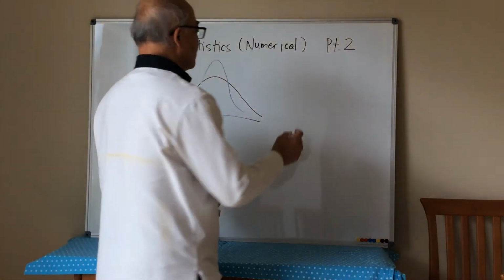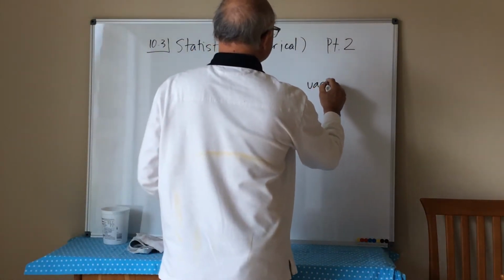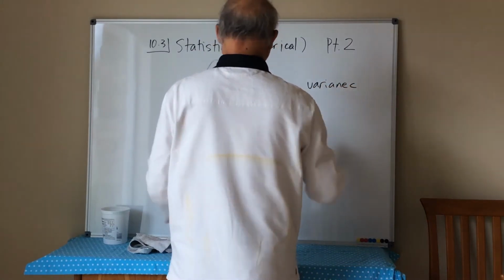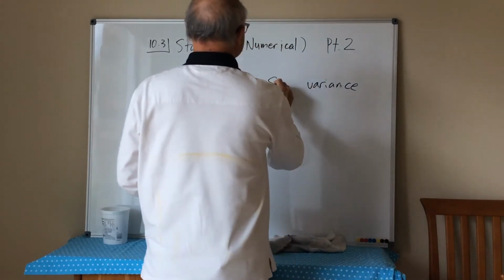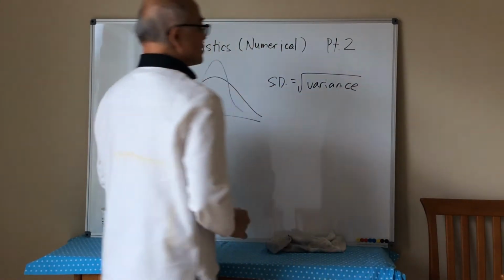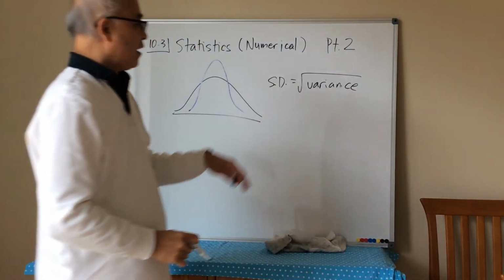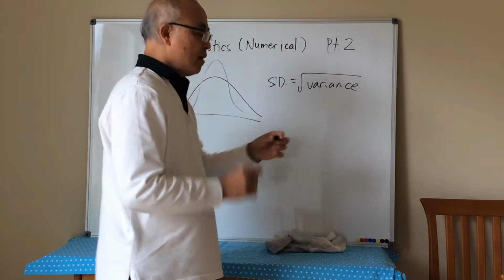The difference between the variance, right? So if I have the variance, and I have the standard deviation here, the relationship looks like this, okay? And just realize that this is there, okay?